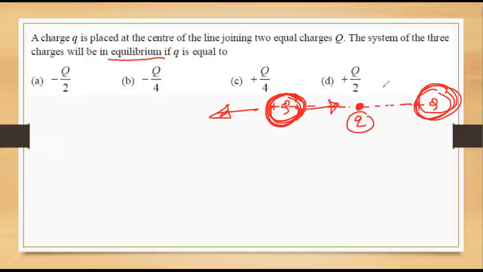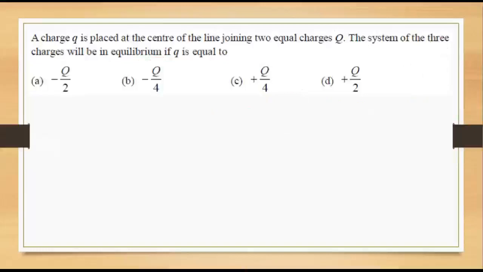This is the question. I hope you get 2 minutes to solve this. Please try to solve it. Okay, I accept your answer, and I also think like that only.